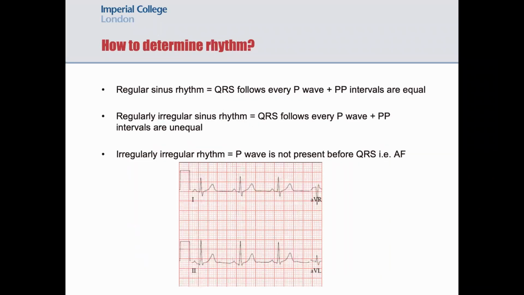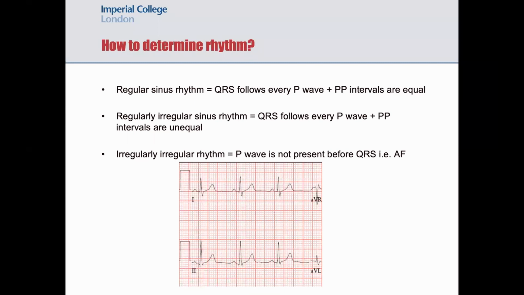And now we go on to the rhythm. As I already touched upon, you can have 3 types of rhythm: regular sinus rhythm, regularly irregular sinus rhythm, and irregularly irregular rhythm. Regular sinus rhythm is very easy to understand: it just means a QRS follows every P wave, and the P wave to P wave intervals are regular.